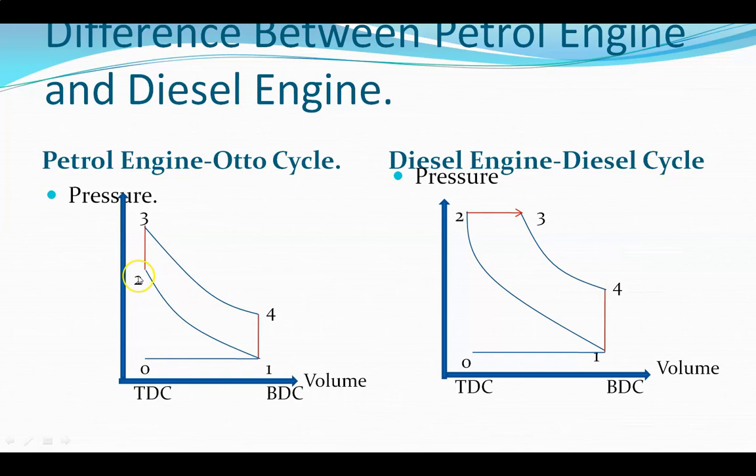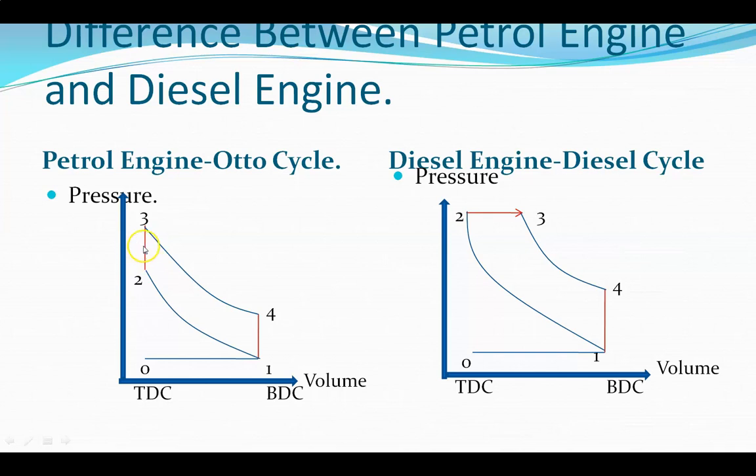Now this point 2 to 3 is what we call heat addition. As you can see, it's indicated with red. At this heat addition, the spark plug comes into play, where the spark plug will initiate a spark into the mixture of fuel and air, and it will ignite.